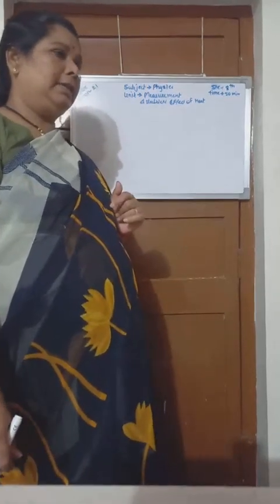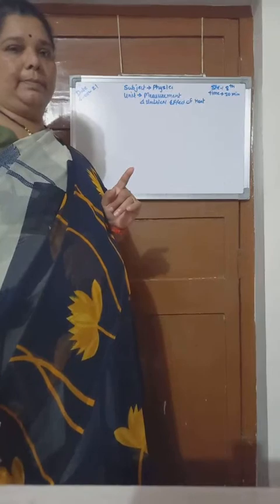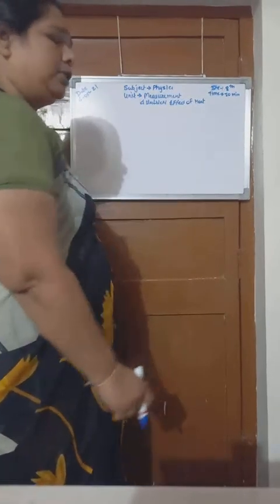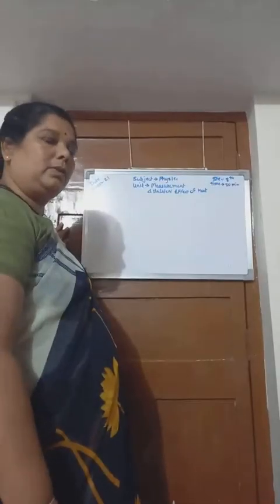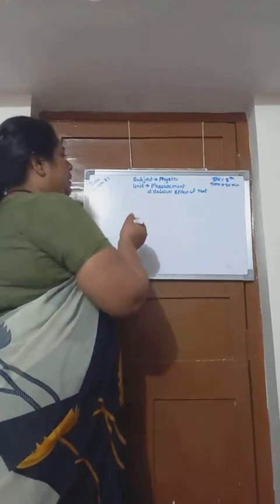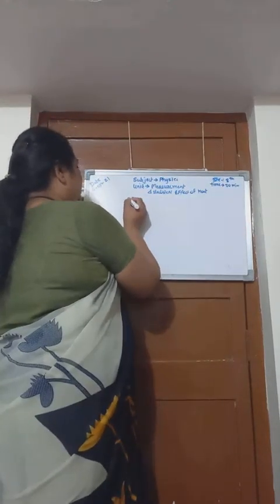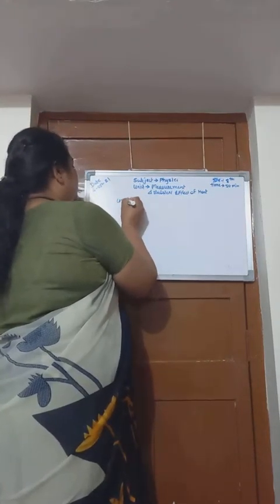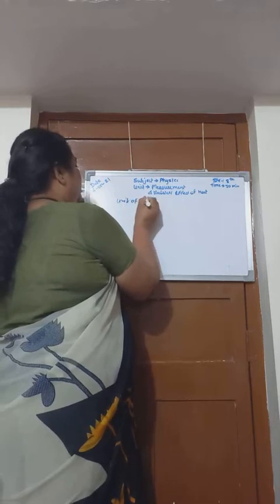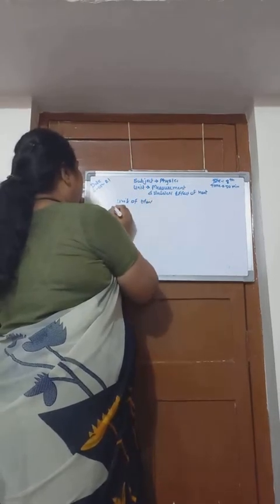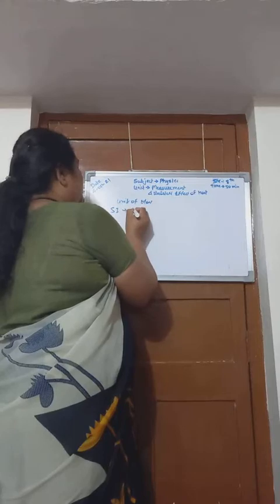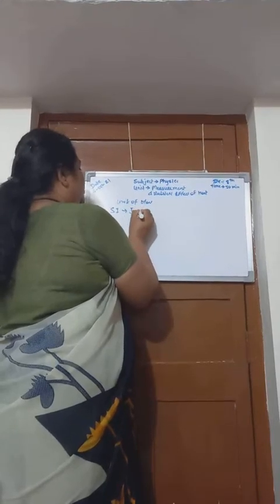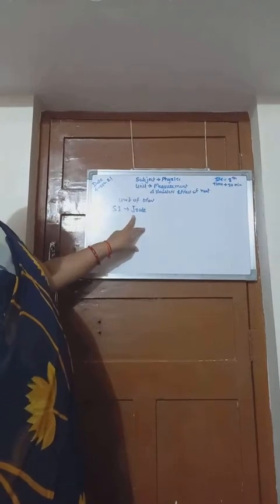Then in the SI system, do you know SI system measurement? Okay, in SI system, unit of heat is joule. What is the unit of heat in SI system? Joule.